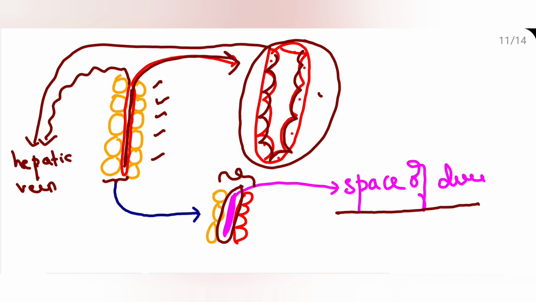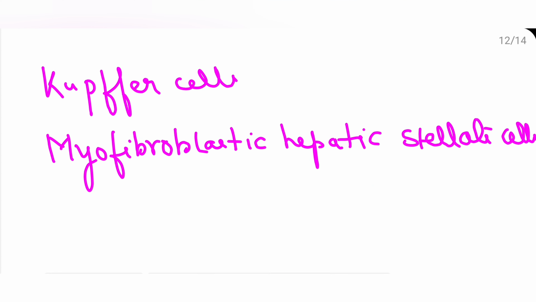Between the hepatocytes are the sinusoids, which are lined by endothelial cells. Between hepatocytes and the sinusoids you have the space of Disse. Along with the endothelial cells, you have Kupffer cells, which are part of the mononuclear phagocytic system, attached to the luminal surface of the endothelial cells.